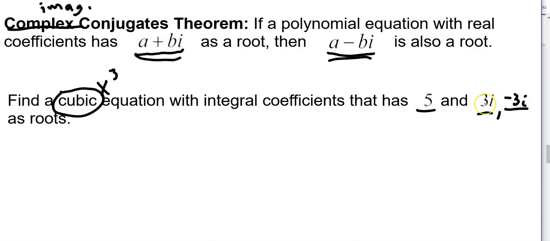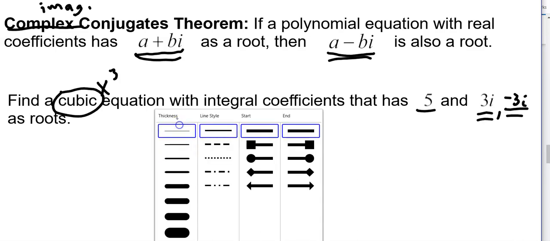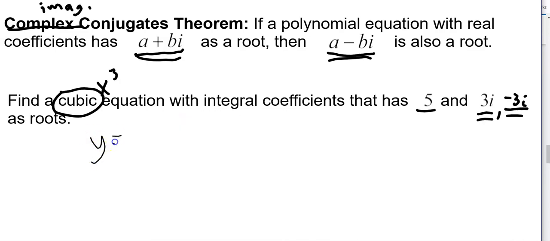So these always come in pairs. You're always going to find complex or imaginary solutions in pairs. And so there must be another complex one. It's going to be the conjugate of 3i, which is 0 minus 3i. And if you were to work this out to figure out the equation, like y equals f of x, there's going to be three factors here.